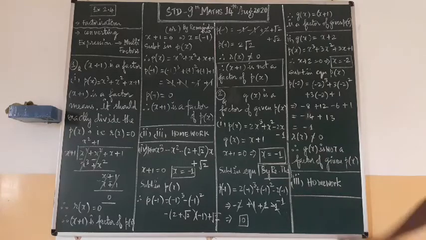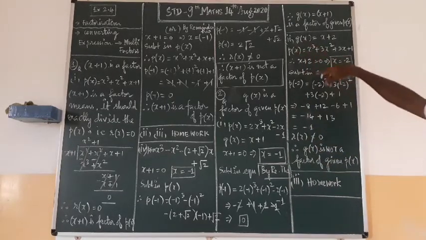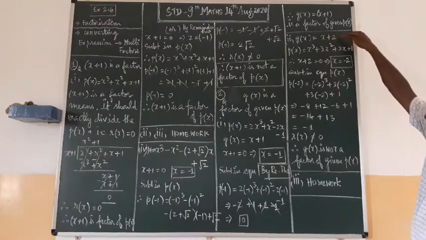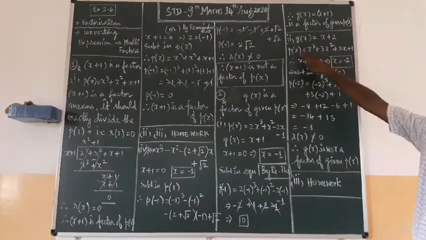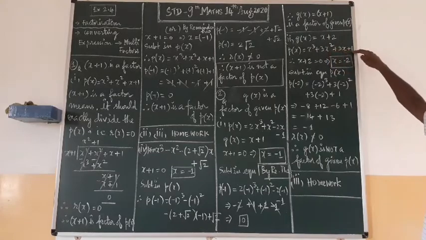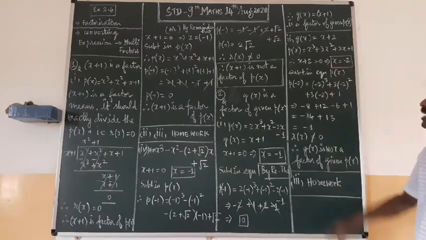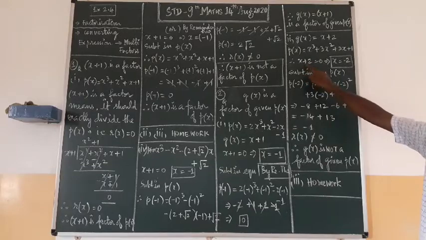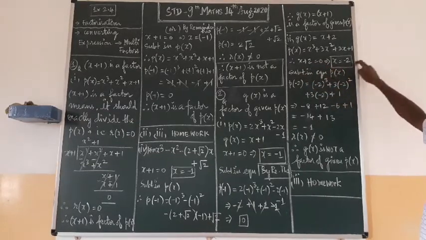Then the second problem. Here g of x is given as x plus 2 and p of x is given as x cube plus 3x square plus 3x plus 1. As usual, by the remainder theorem, I equate the factor x plus 2 to 0, so x equal to minus 2.